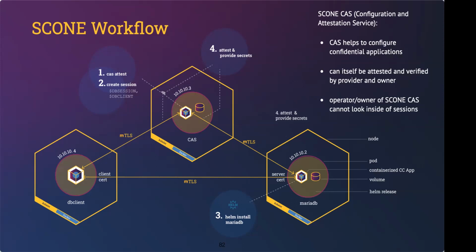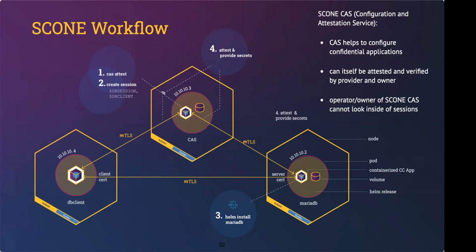So for that, there is some policy that is stored in CAS. I'll get to how to reach that policy in a sec. And if the CAS sees that this is actually MariaDB running in an enclave on a trusted CPU, then I give back, via that MTLS connection, the key to decrypt the configuration file.